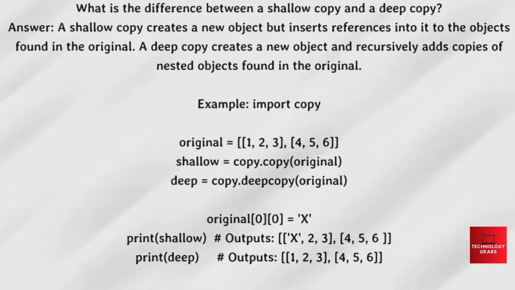What is the difference between a shallow copy and a deep copy? Answer: a shallow copy creates a new object but inserts references into it to the objects found in the original. A deep copy creates a new object and recursively adds copies of nested objects found in the original.